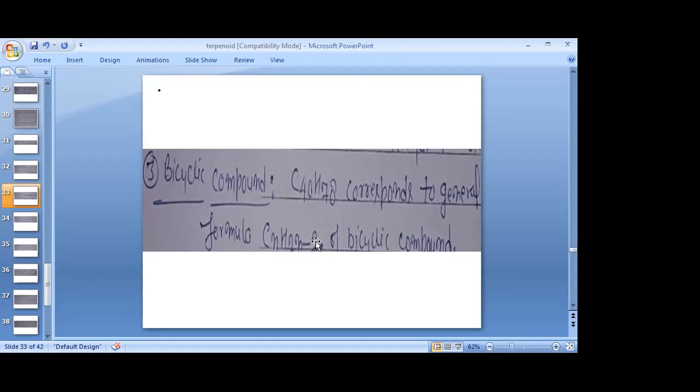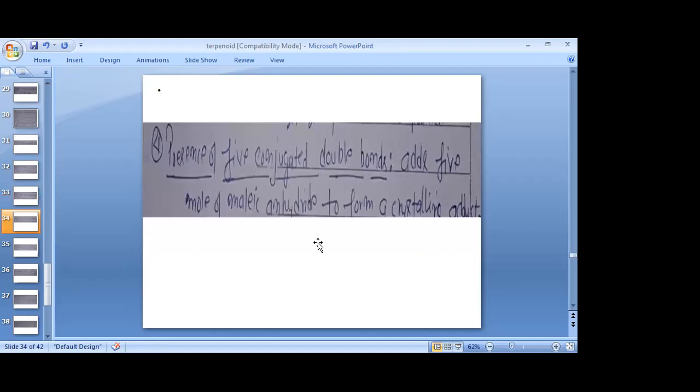CnH2n minus 2 means it is a bicyclic compound, because we had already discussed that if the formula is CnH2n minus 4, the compound is tricyclic in nature, as we discussed for the abietic structure. But for beta carotene, it corresponds to CnH2n minus 2. It means the compound is bicyclic in nature.